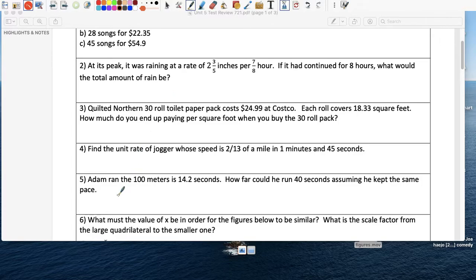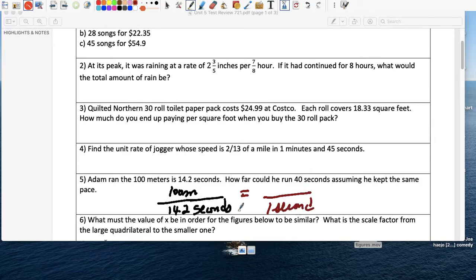5. Adam ran the 100 meters in 14.2 seconds. How far could he run in 40 seconds, assuming he kept the same pace? Again, we need the unit rate per second to then multiply. So, 100 meters in 14.2 seconds. Let's find the unit rate, because it's going to help us. How far can we run in 1 second?